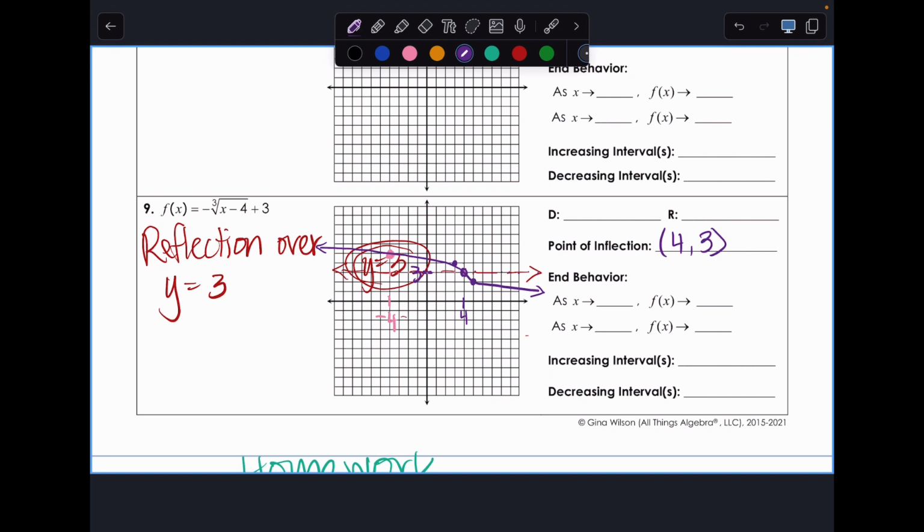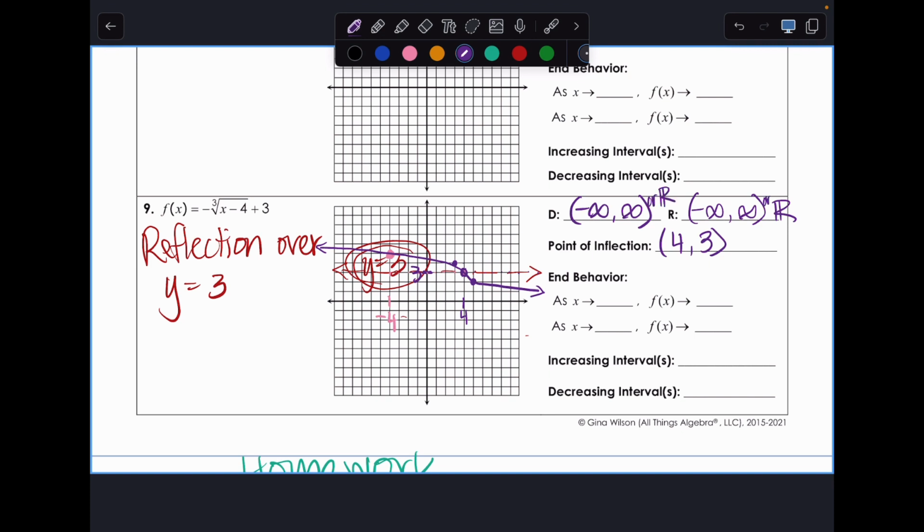Can I move the entire question? What do you mean? Oh, you want to fill it out? Sure. Domain. Oops. All real numbers. Range. All real numbers. You want to write double bar R for all real numbers? That's fine. Okay? Either one is fine. I don't care. Okay?